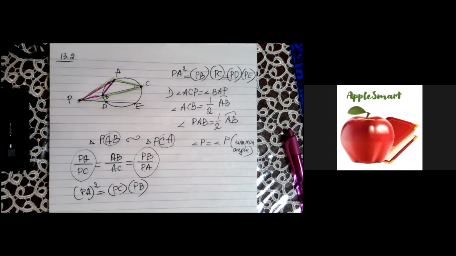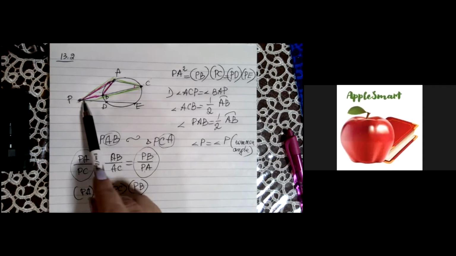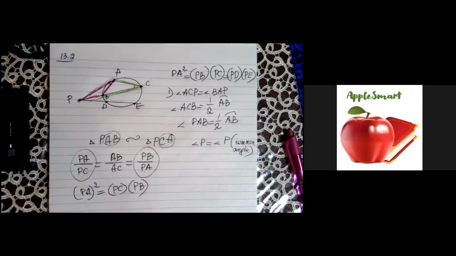Oh yeah, we already proved before, if you remember, in the previous question. Just give me one second. There is nothing special about secant PC, nothing special was given about it. What can we say then?